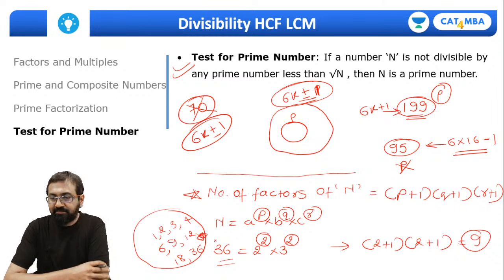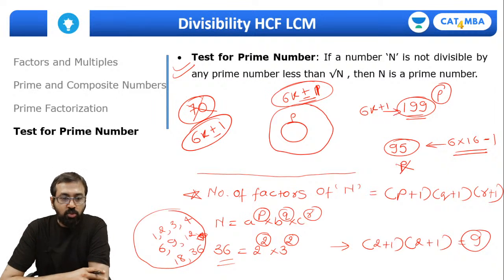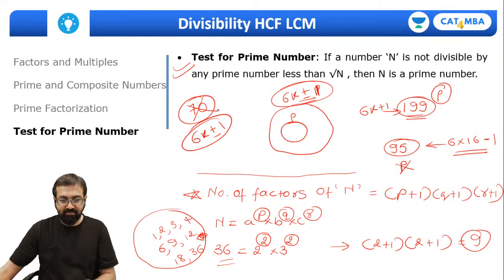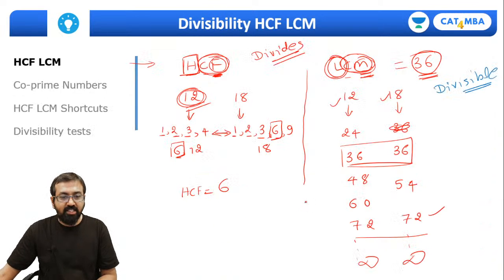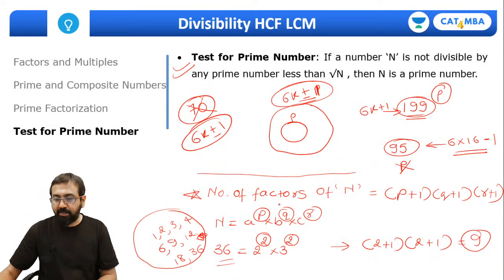Hi Arunima, good evening. So good to see all of you. So have you understood this concept of number of factors of n? Everyone, show me a thumbs up quickly. Yup, great. Fine. So in case you have any confusion, you can just type it in the chat box so that I'll explain that concept once again.